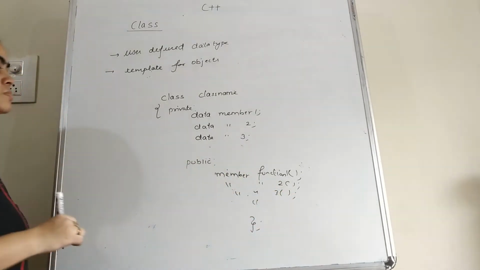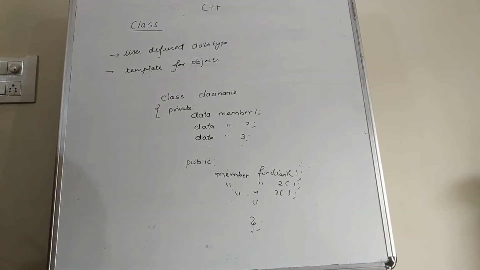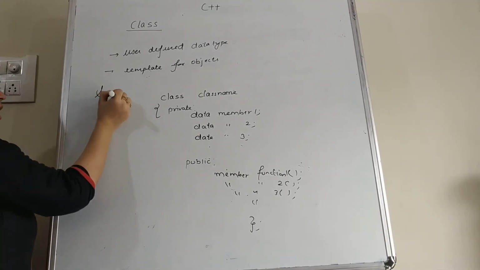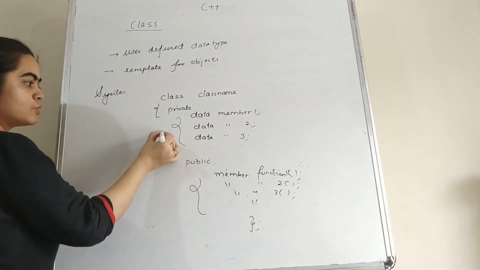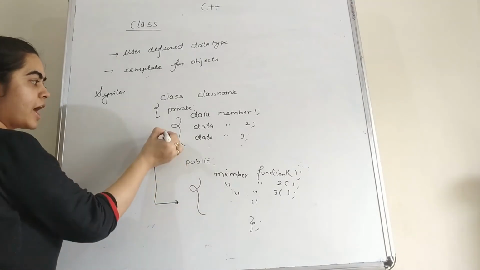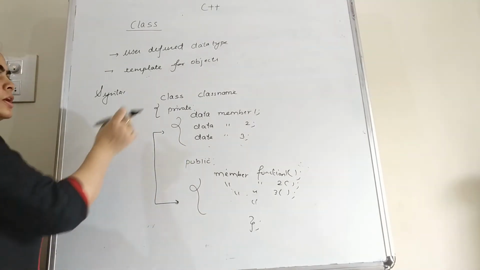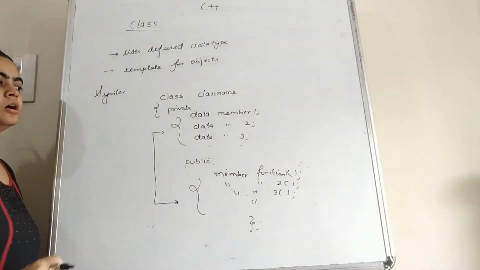As many as we want, we can declare the member functions under the class. So this is the syntax for class, where this is the data and this is the function. Both the data and functions are bound into a single unit, and that single unit is a class.